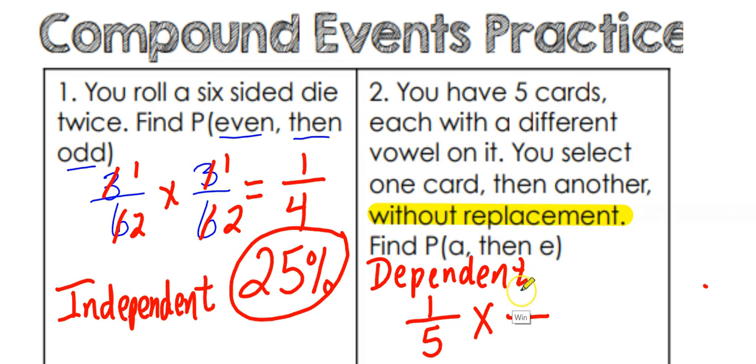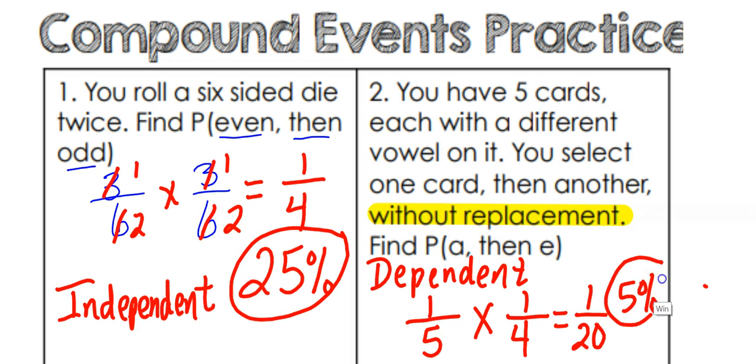We still have 1 E left in the deck of cards. But instead of 5 cards, I now only have 4, because 1 card has been selected from the deck when we selected A. So we multiply these 2 together, 1 over 20. So there's a 1 out of 20 chance, or 5% chance, that we would select an A and then an E.